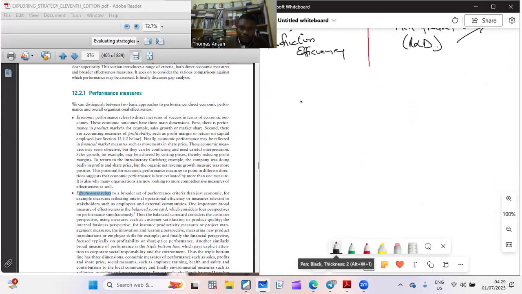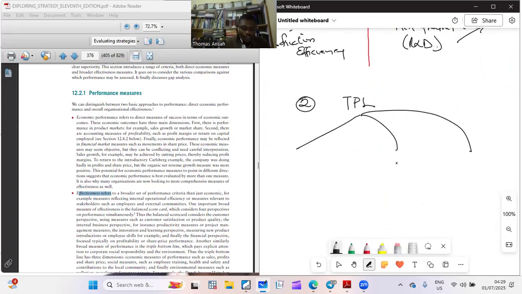Then two, the triple bottom line, TBL, is all about the concept of three Ps. So where are you in terms of your social: staffing, welfare, all right, training, and all those things. This is social.